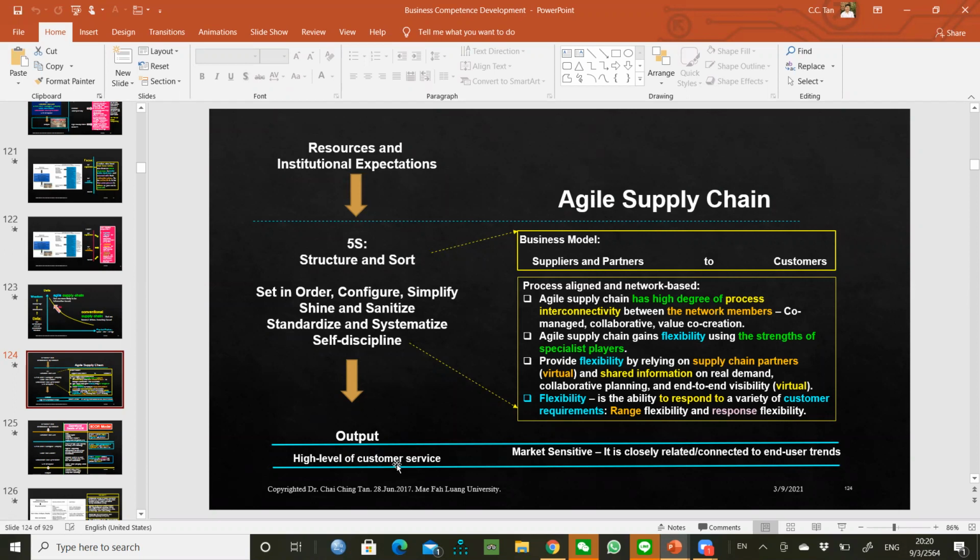So if you study operations management, you will know that the level of customer service can go from lower levels to the higher levels.